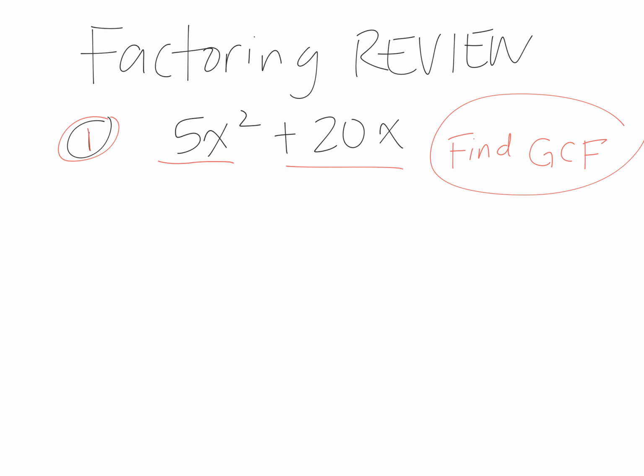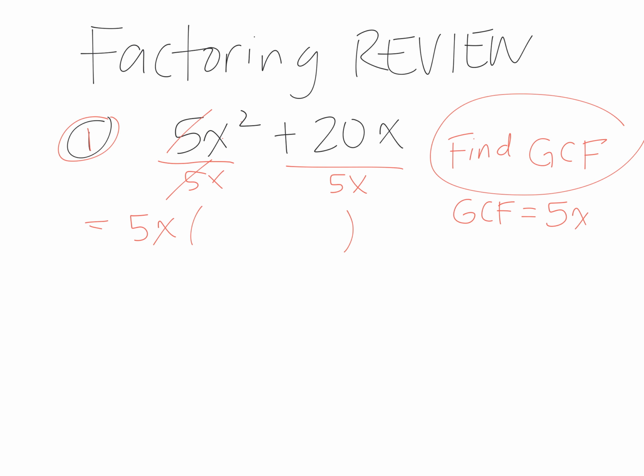By looking at this, can you tell me what the greatest common factor is? 5x. Good. How would I factor this? Divide everything by 5x. We know that if it can be divided by 5x, then 5x times something will give us the answer. What is 5 divided by 5? 1.